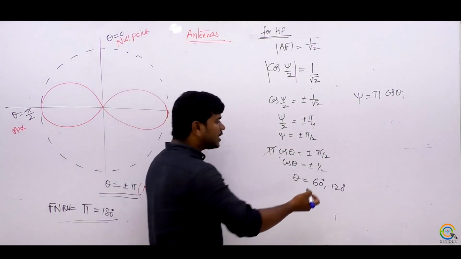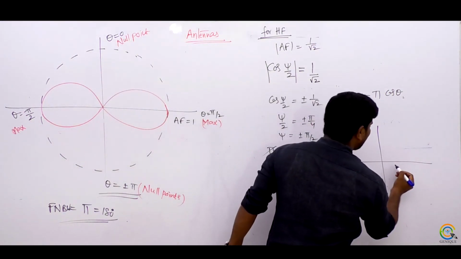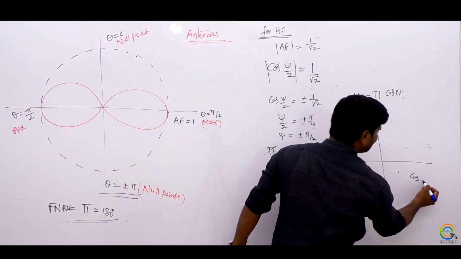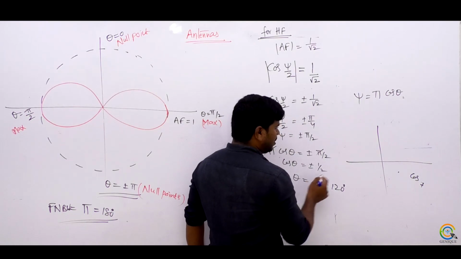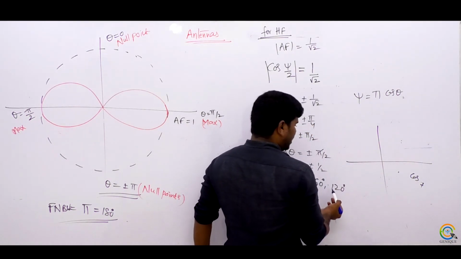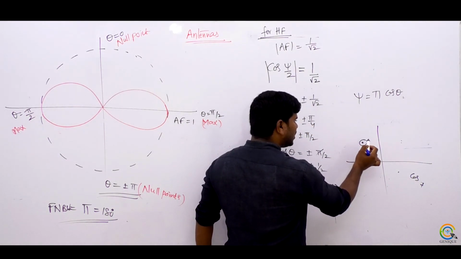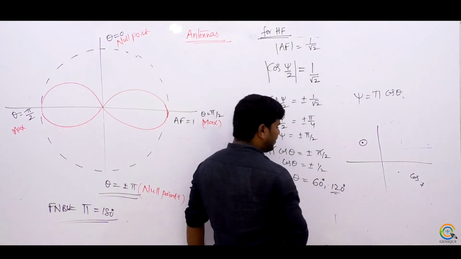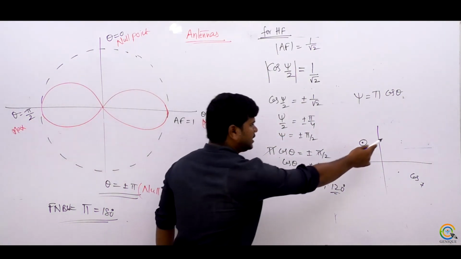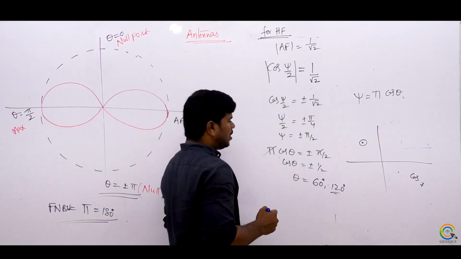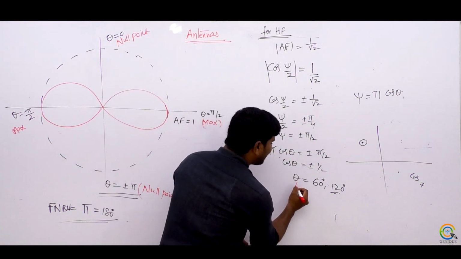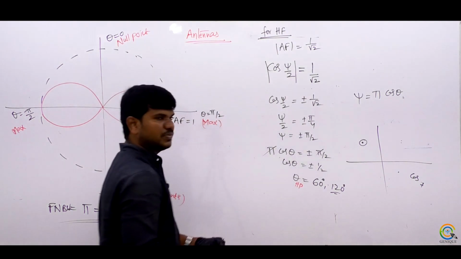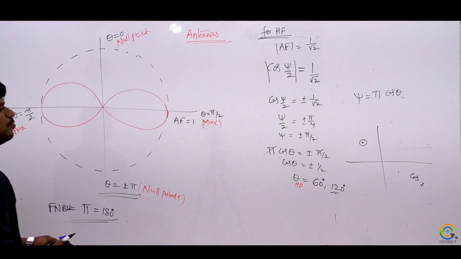Okay. So you cannot take minus 60, because in this cos is positive. Plus 60 means first quadrant and 120 is second quadrant. If you take 120, it will be minus 1 by 2. If it is 60, it will be 1 by 2. So now these two are called the half power points, HPs.